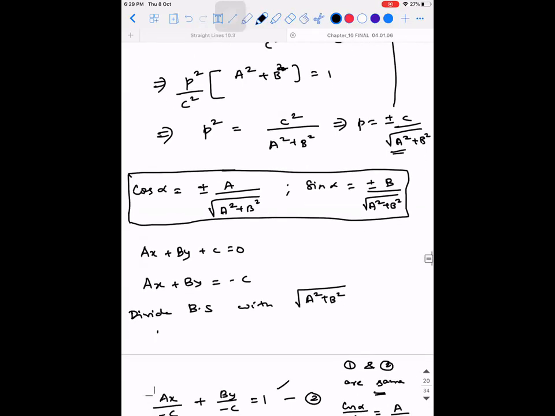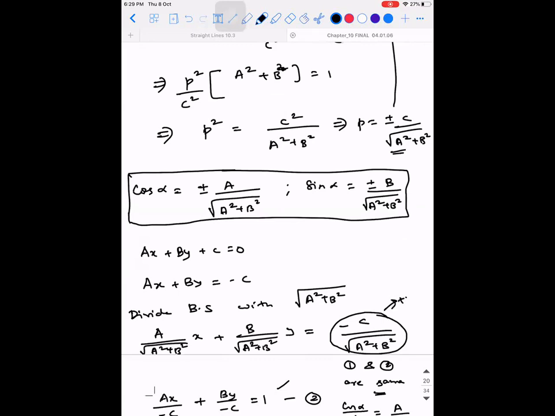You will get a/root(a square + b square) times x plus b/root(a square + b square) times y is equal to minus c/root(a square + b square). And this value should be chosen in such a way that this side is always positive, because what is the format? x cos alpha plus y sin alpha is equal to p, where p stands for what?